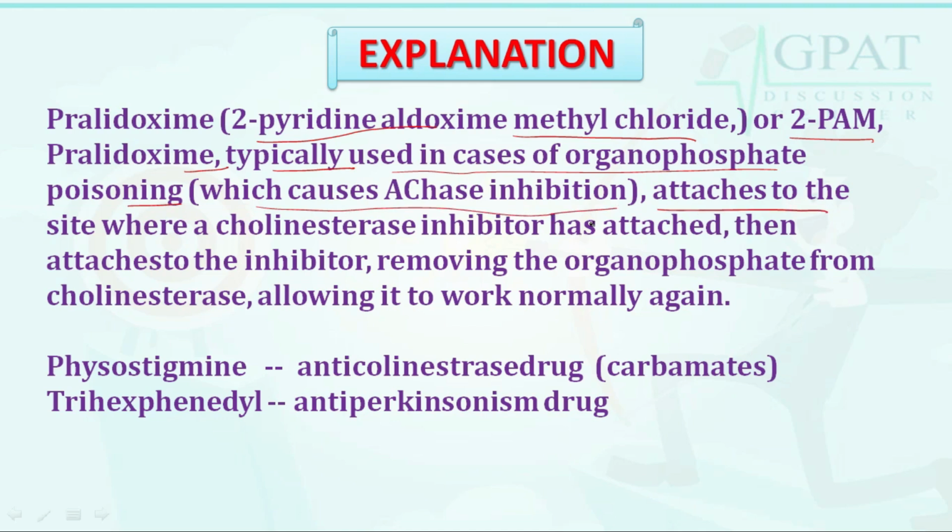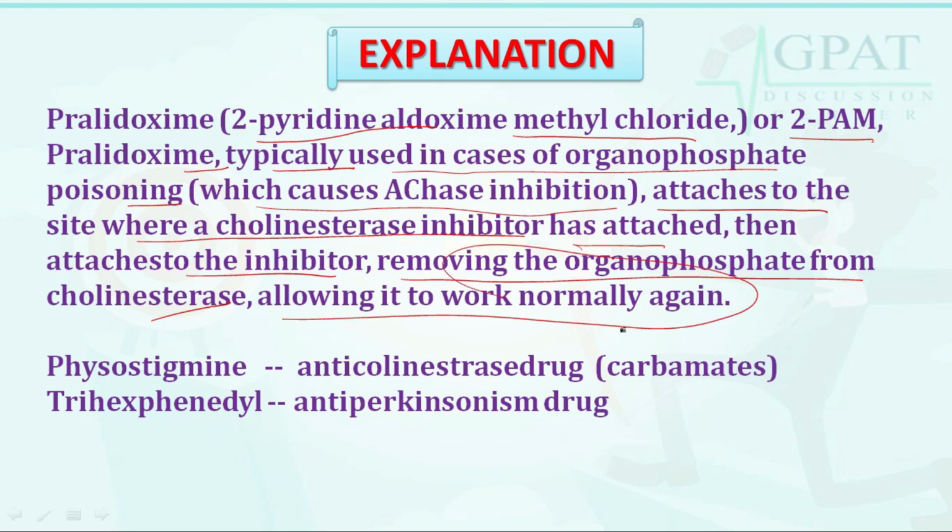It attaches to the site where a cholinesterase inhibitor has attached, then attaches to the inhibitor and removes the organophosphate from cholinesterase, allowing it to work normally again. So students, pralidoxime or 2-pyridine aldoxime is the correct answer, whereas physostigmine is used as an anticholinesterase drug, and trihexyphenidyl is an anti-Parkinson drug.